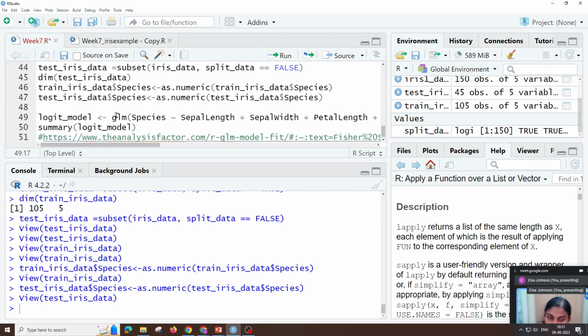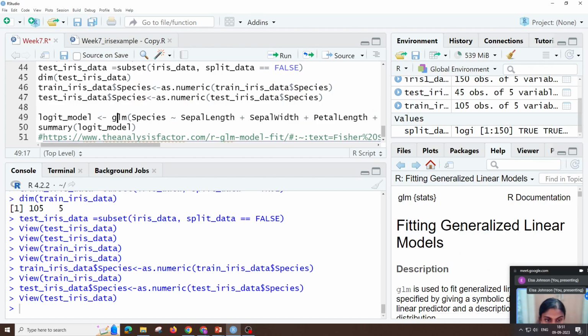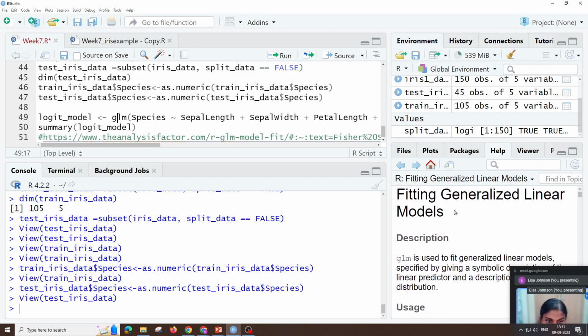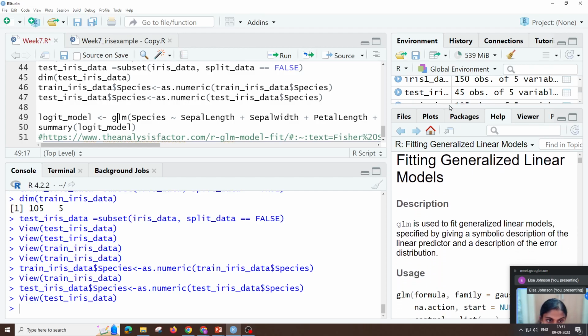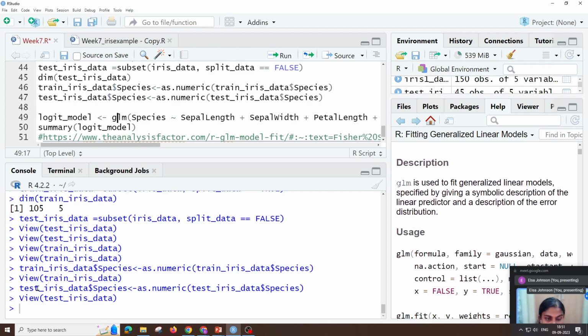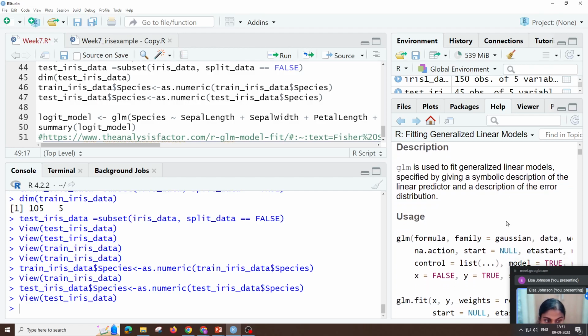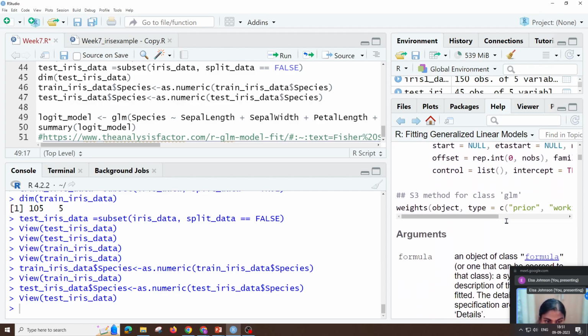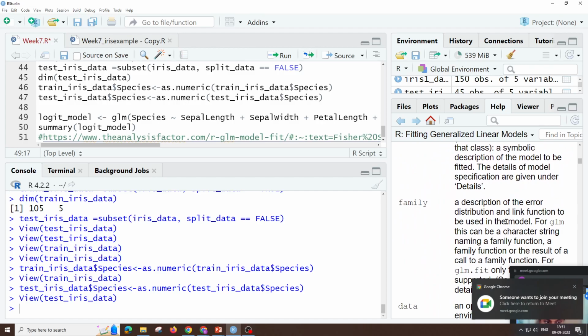It is for fitting a generalized linear model. GLM is used to fit generalized linear models specified by giving a symbolic description of the linear predictor and a description of the error distribution. Everything around that is given here.